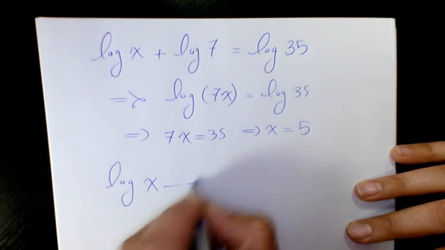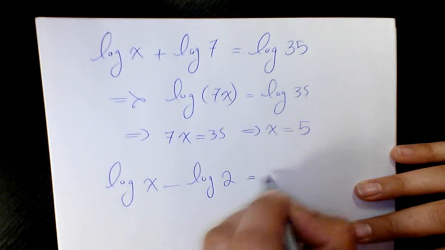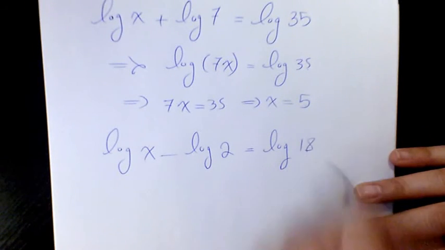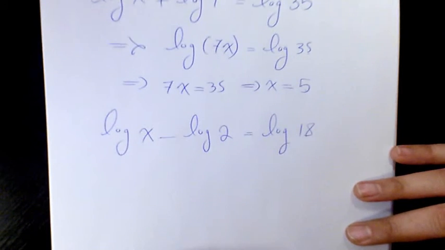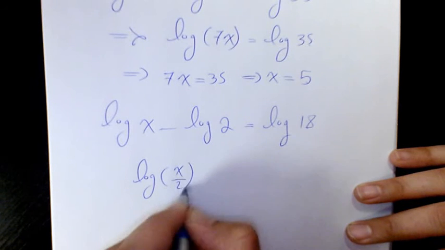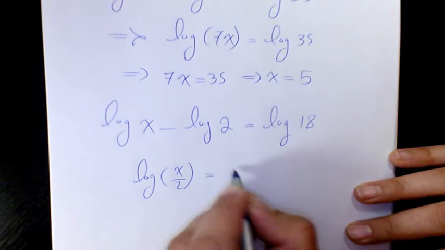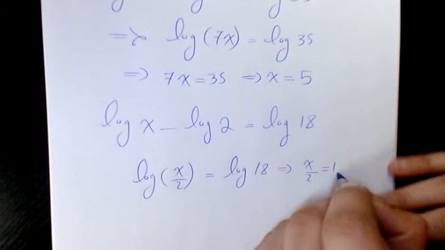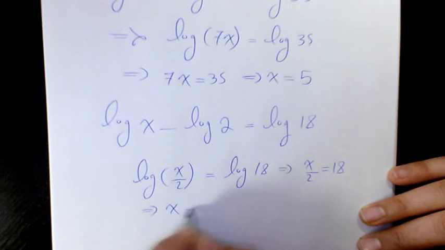Log x subtract log 2 equals log 18. We can say log x over 2 equals log 18. Therefore, x over 2 is 18. So x equals 36.